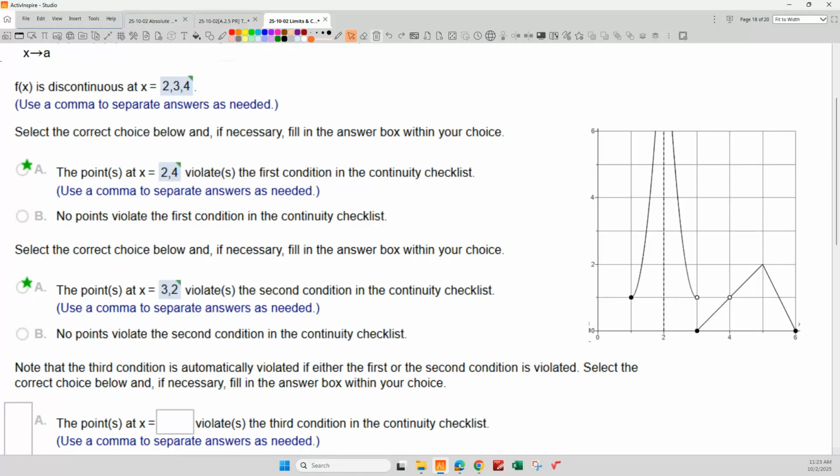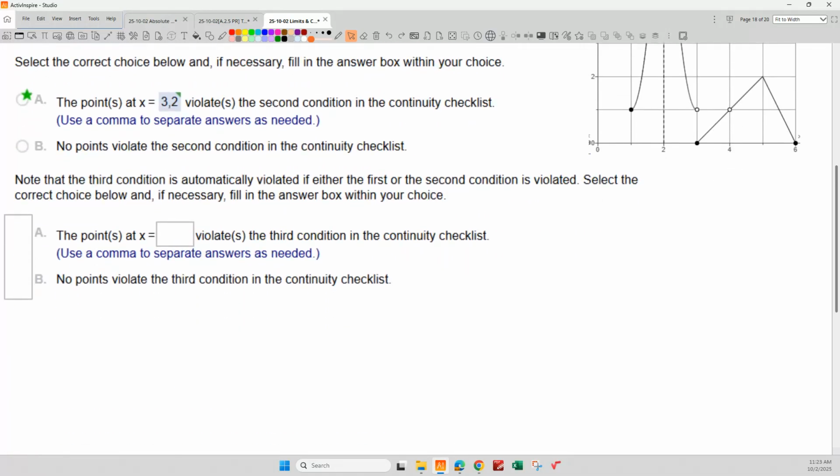So then where is the third condition not met? All of them, yeah. If it violates 1 or 2, then it necessarily violates 3, doesn't it, right? So there you have it. Okay, looks like you've got that. Good stuff.